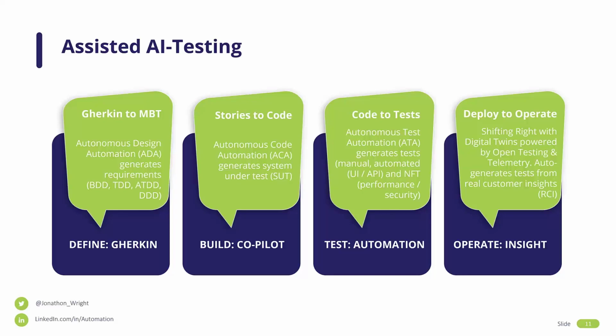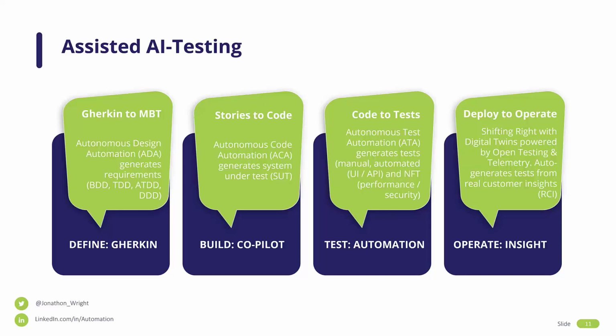So it creates the code. In this case, I'm going to use Copilot, and then we are able to test it. So we've got the model, now we've got the code, now we can auto-generate the tests. It can auto-generate Selenium, it can auto-generate other automation artifacts such as API tests, performance and security tests.